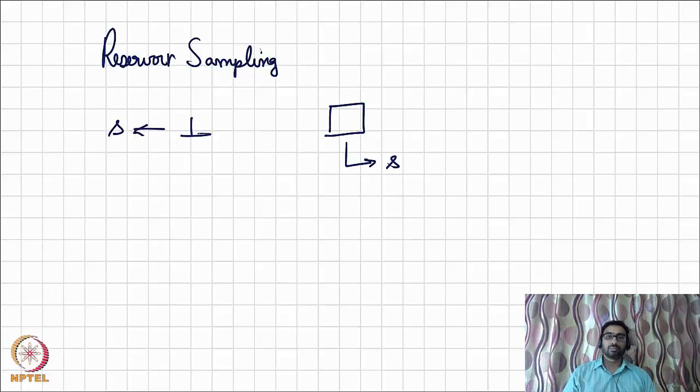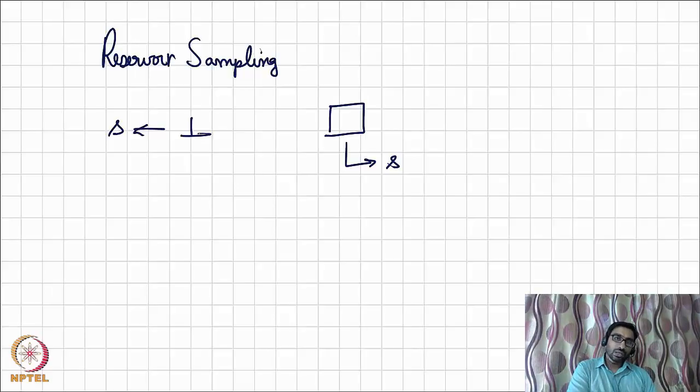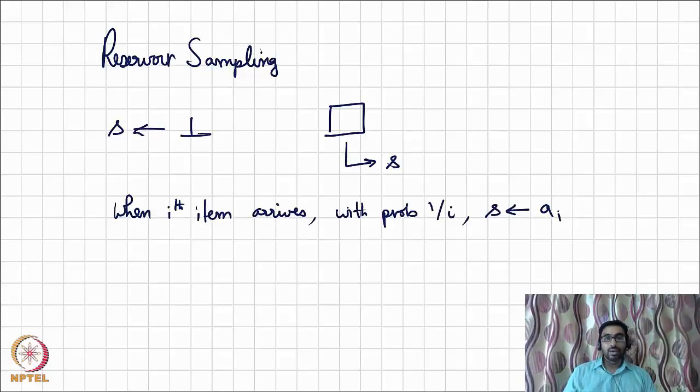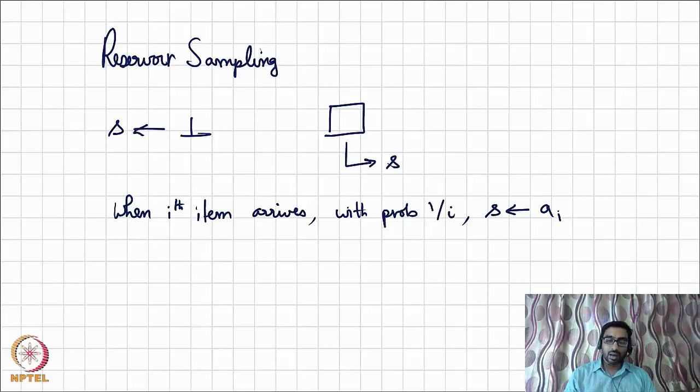So every time we look at the ith item, we toss a coin with bias 1 over i. And if that coin comes up heads, in other words, with probability 1 over i, we replace the current contents of S with A sub i. And of course, A sub i is the ith item.